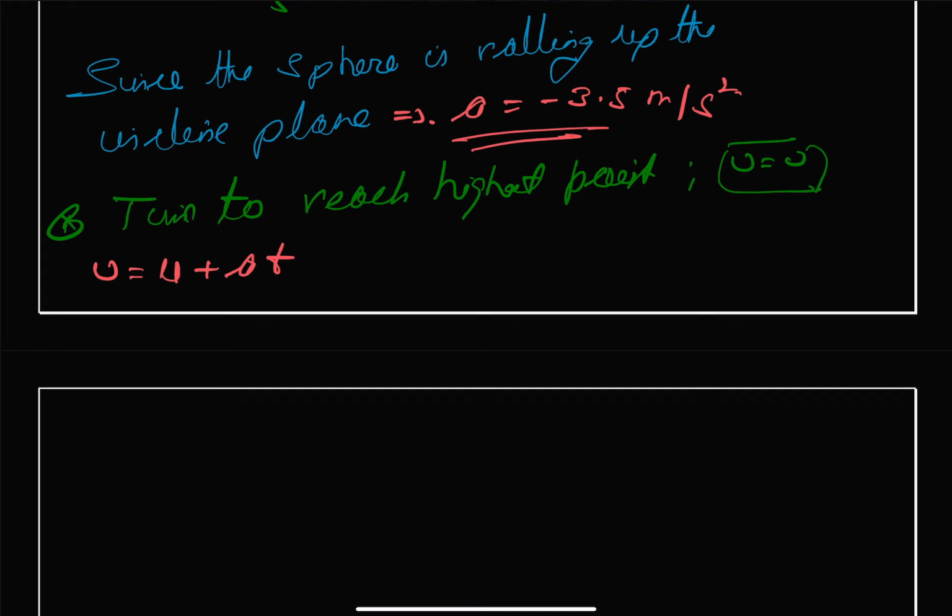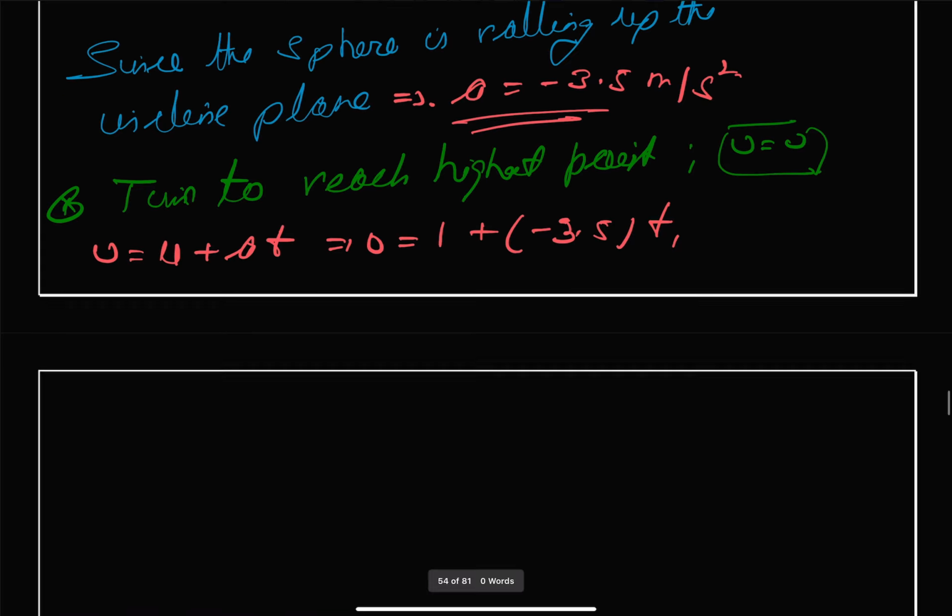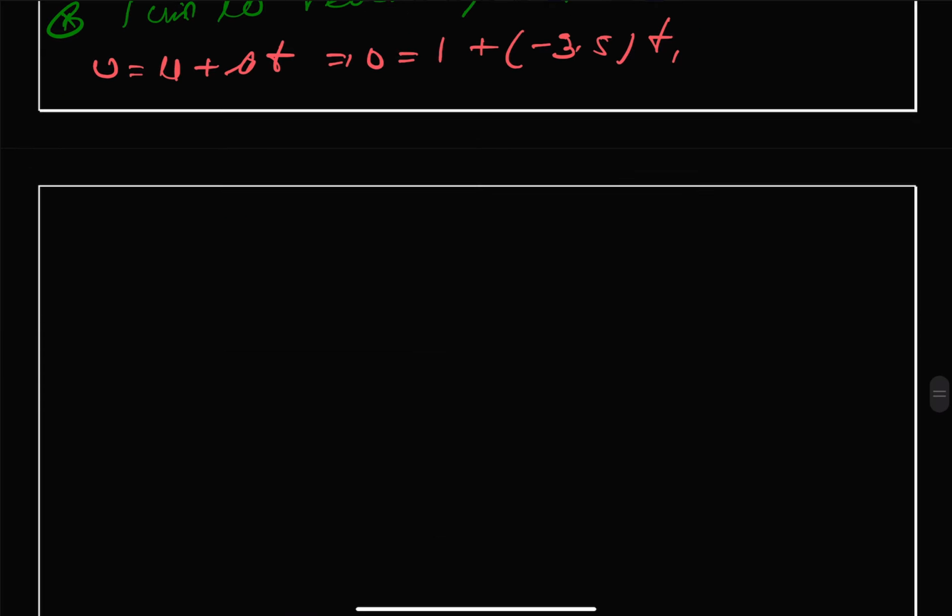Now our v is equal to 0, initial velocity is given to us as 1, so this will be plus minus 3.5 times, let us suppose time is t1. Therefore, we get our t1 will be equal to 1 upon 3.5, which is approximately equal to 0.2857 seconds.